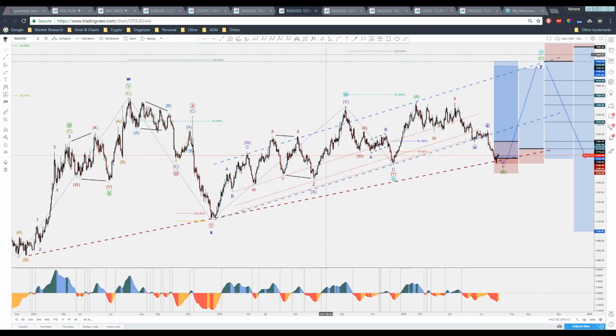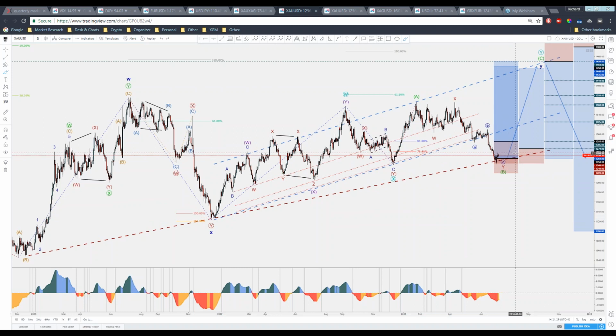Anyhow, the point is that this gives me even more details, right? And I have two counts on gold. One would be just the way it was. However, let's say, for instance, this correction to be ABC. But the decisive piece would be if it gains support right now on this trend line or not.